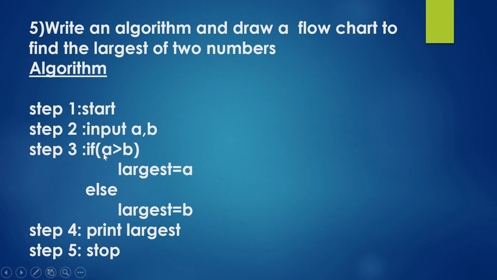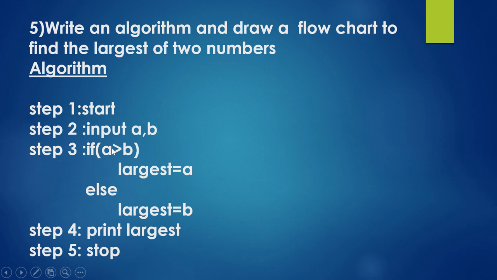If A greater than B, A will be the largest value. If that is wrong, B will be the largest. Else means if this condition is wrong, this else condition will execute.